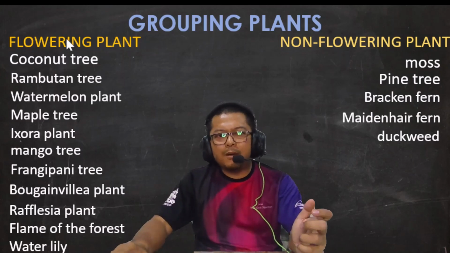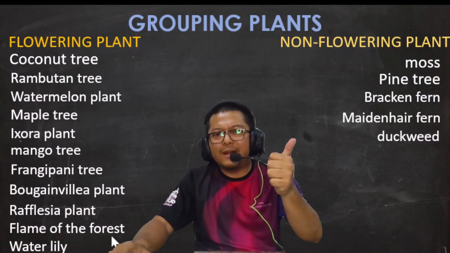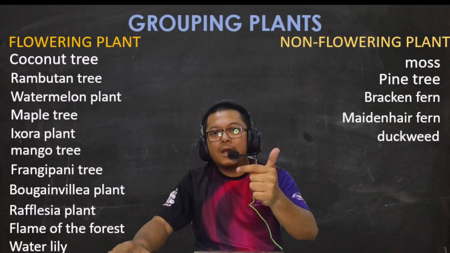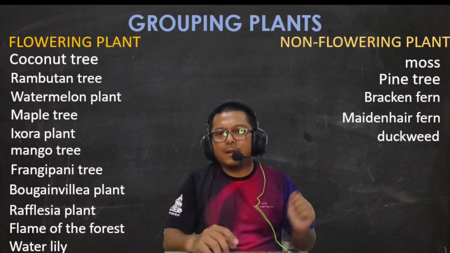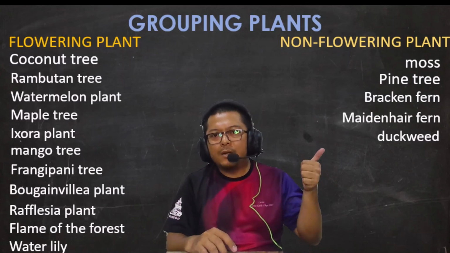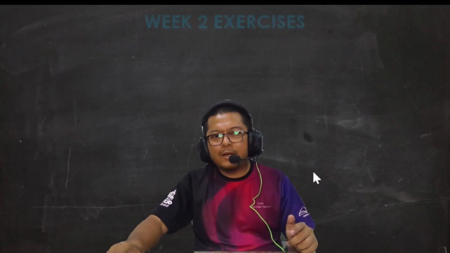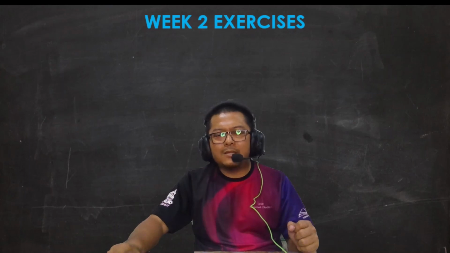Now remember, flowering plants are plants that have flowers and sometimes have fruit. For non-flowering plants, this side, no flower, no fruit. It is easy. Okay, excellent.